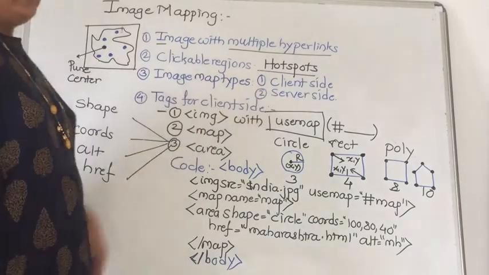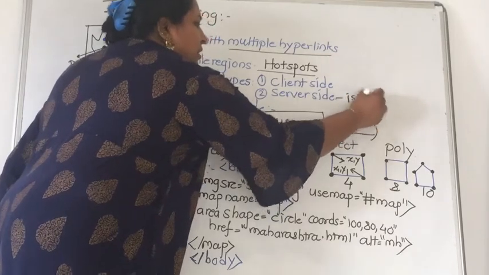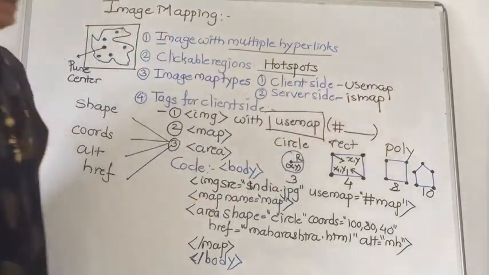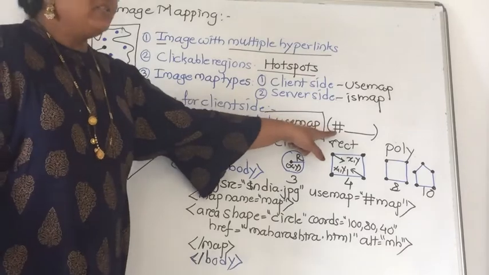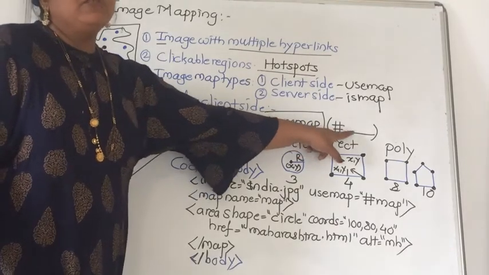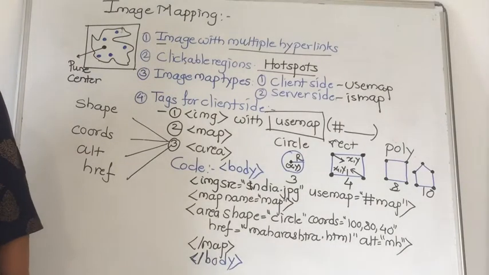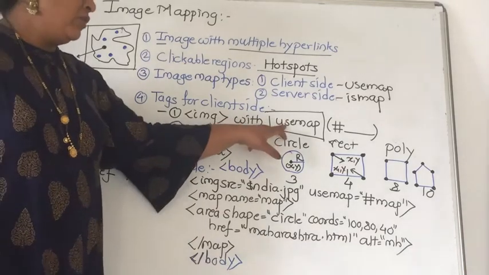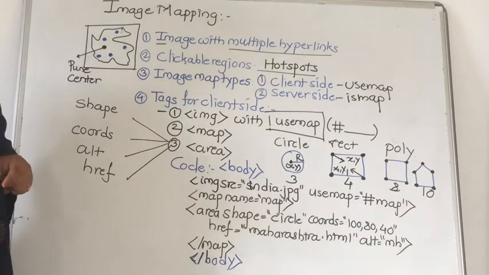For server side image mapping, we use the attribute known as ismap. For client side we use usemap, and for server side we use ismap. Here a hash symbol is used, followed by a certain name. The usemap attribute acts as a pointer which indicates that the image is a client side image map, so it is specially used for client side image mapping.